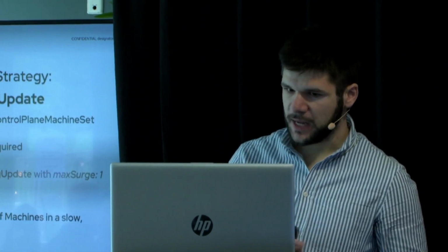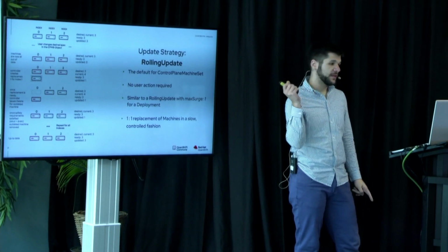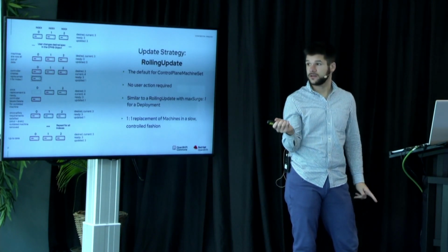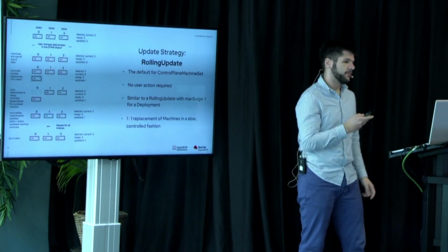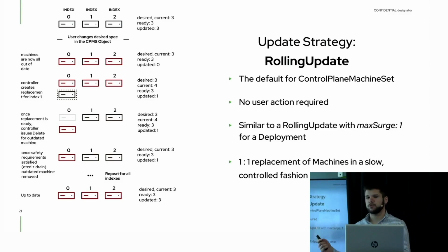So let's look at the update strategy. So we have 2 of them. The rolling update is the default strategy. We created it so that it doesn't require user action for performing upgrades. The user is only responsible to tune the values they want in the field of the CPMS.